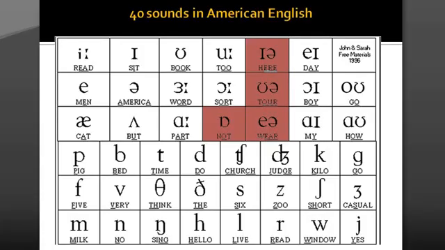So here we are looking at IPA again. There are 40 different sounds in American English. These ones in red are vowels that we have in British English, but we don't use these in American English. We've talked about some sounds like p and b, the consonant sounds.